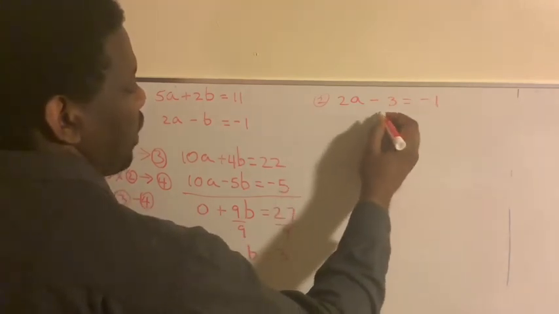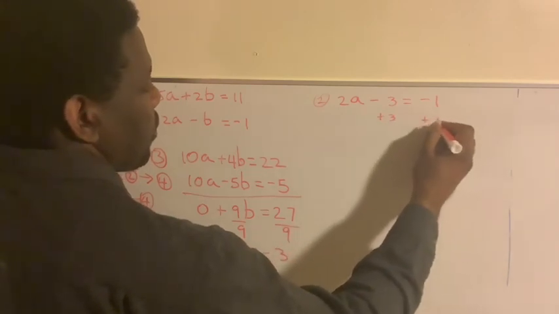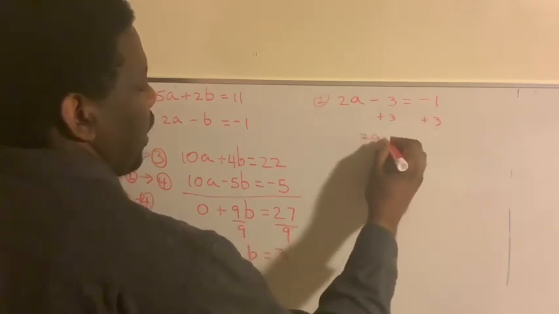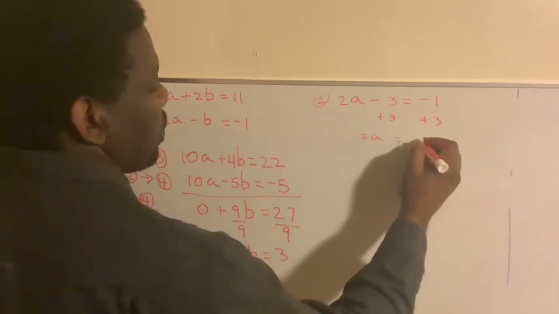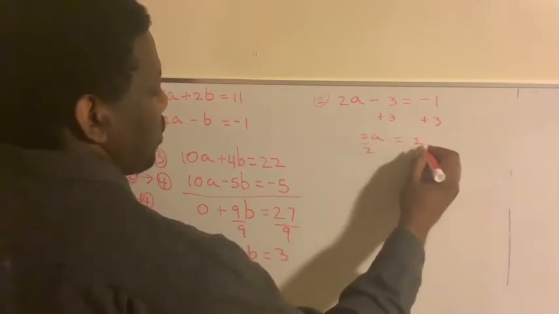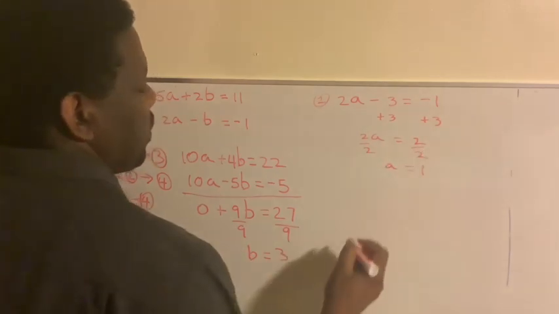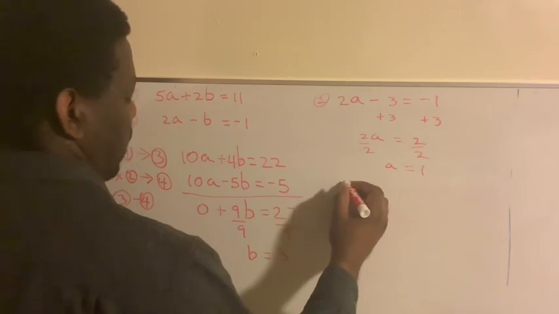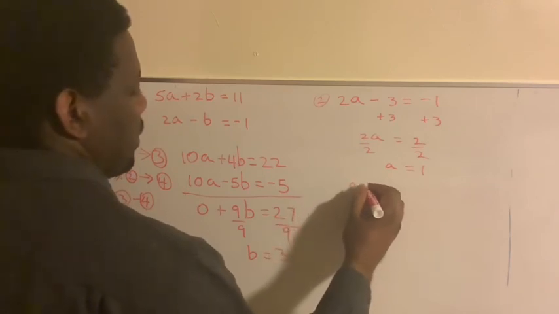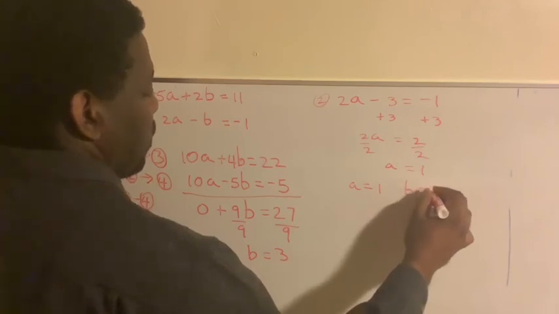So we add 3 on each side. 2a is equal to 2. Divide by 2 on each side. We have a is equal to 1. So final solution set, we have a is equal to 1 and b is equal to 3.